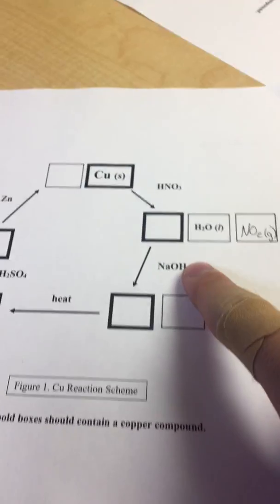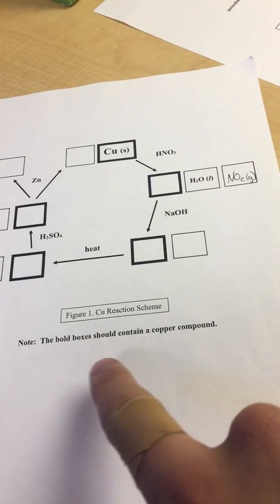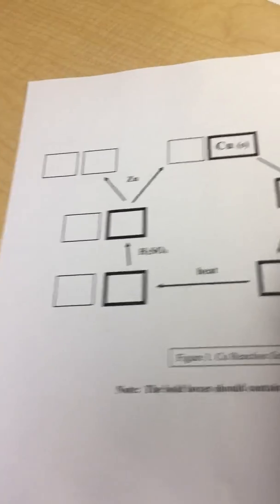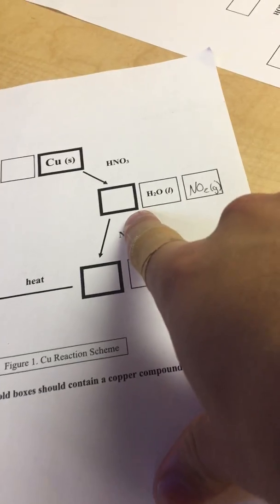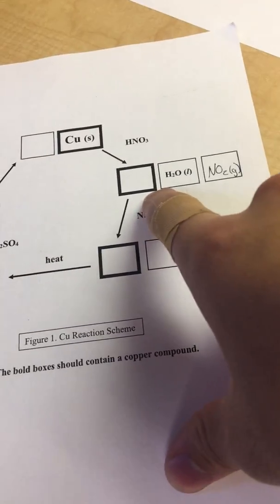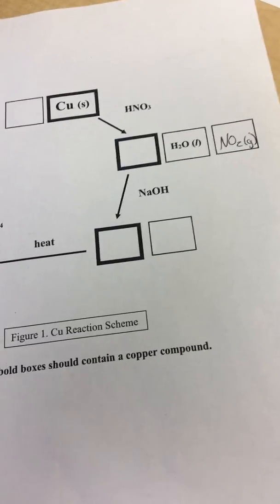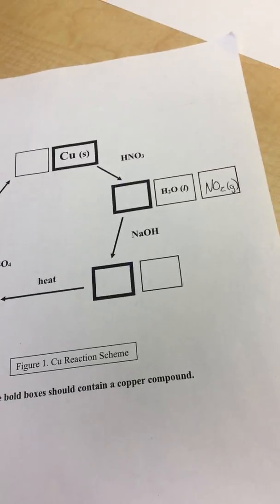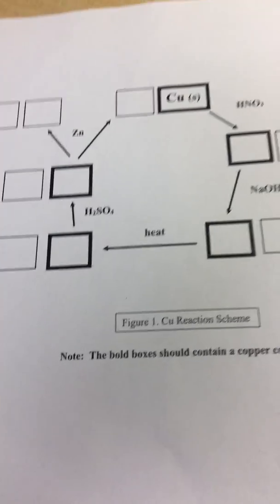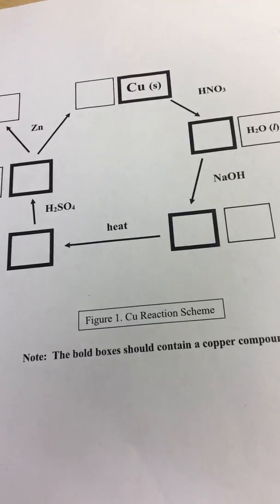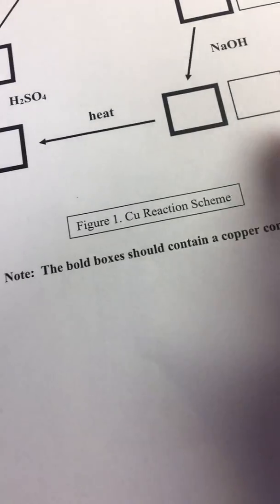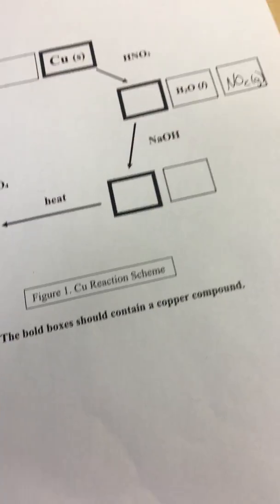And this box, as it says here, should contain a copper compound. So this box has to contain a copper compound, which then caused, so adding the nitric acid, was a brownish red gas, which then caused the water to turn bright blue. So that's the water right there.